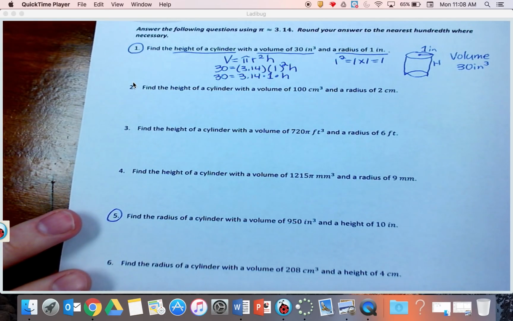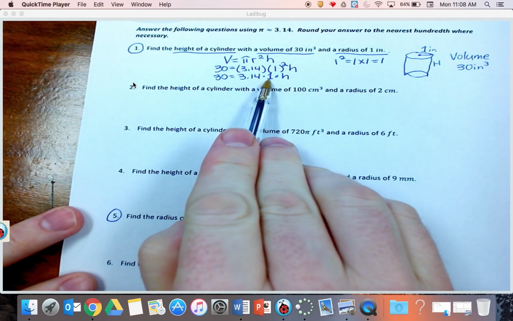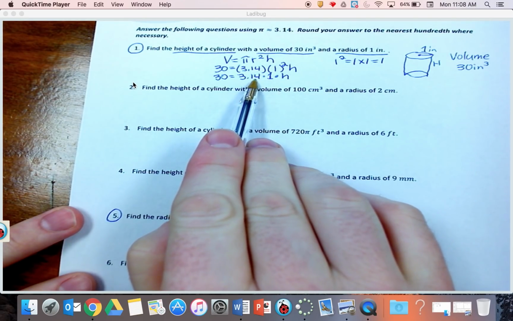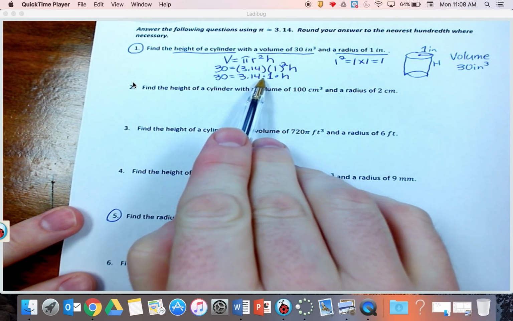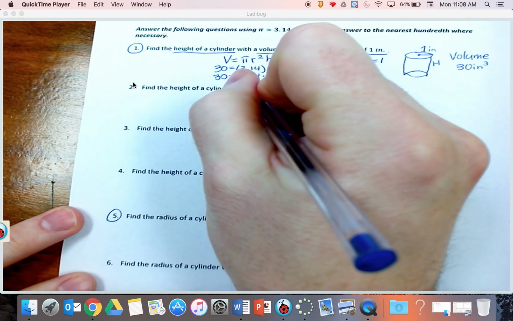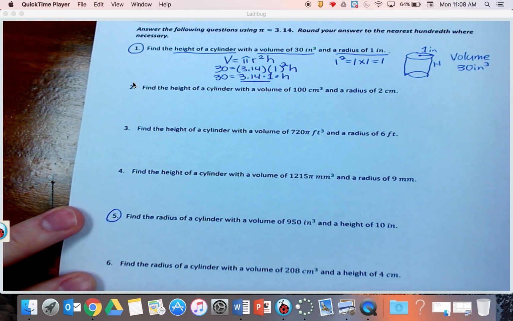Now I can combine these two together because they are like terms, by multiplying. When I multiply 3.14 by 1, I get 3.14 again.